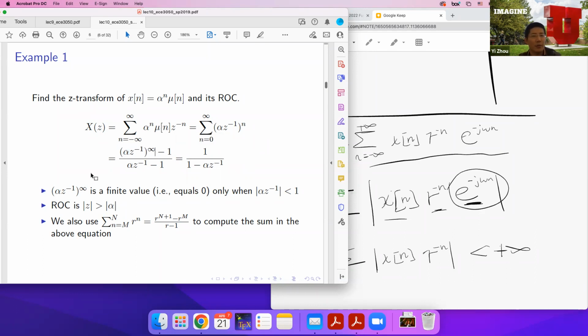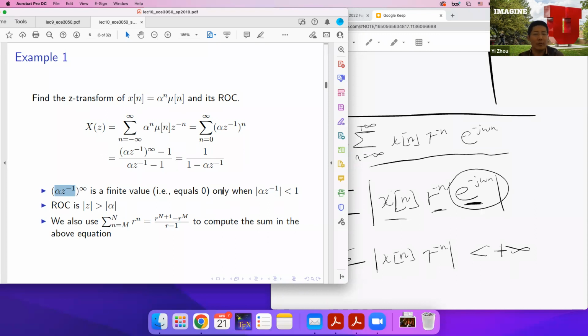So here we use a criterion. Here's a general criterion. A complex number inside can be viewed as a general complex number. Any complex number to the power of infinity converges, that means it has a finite value, if and only if its magnitude is less than 1.